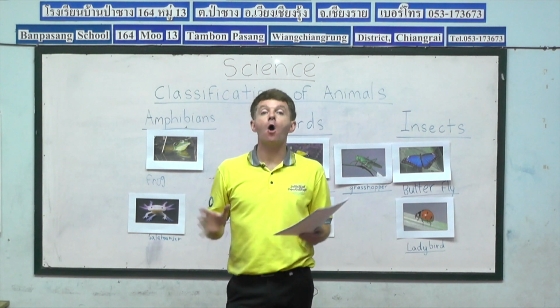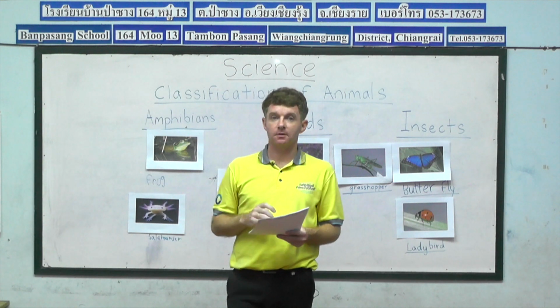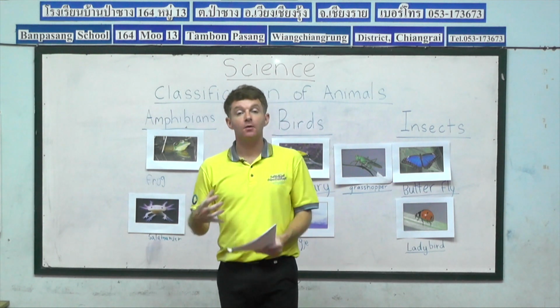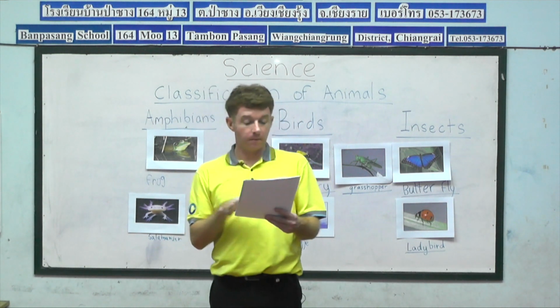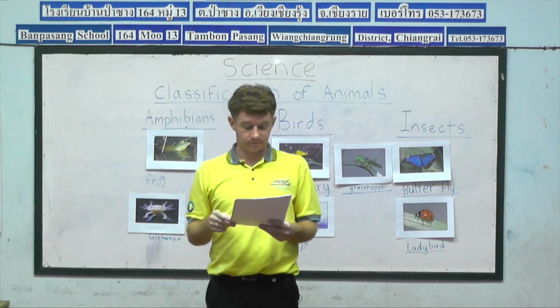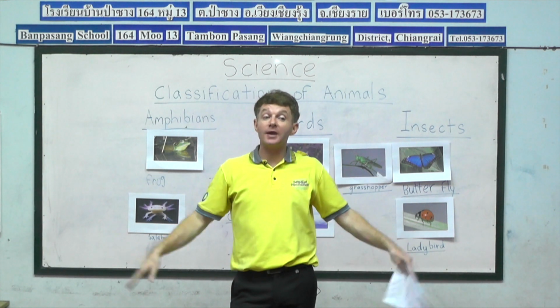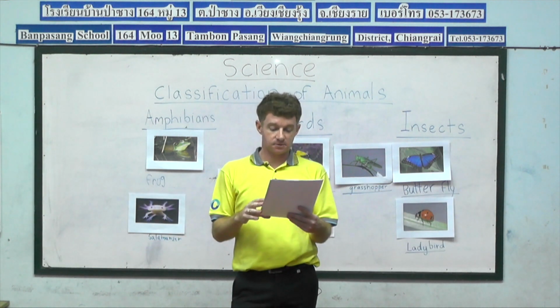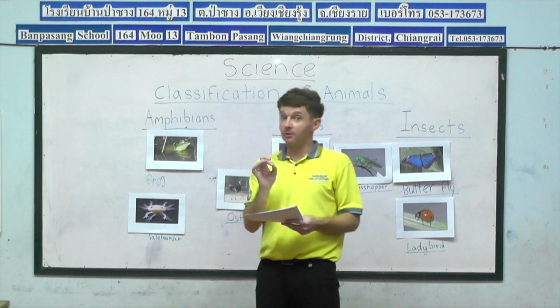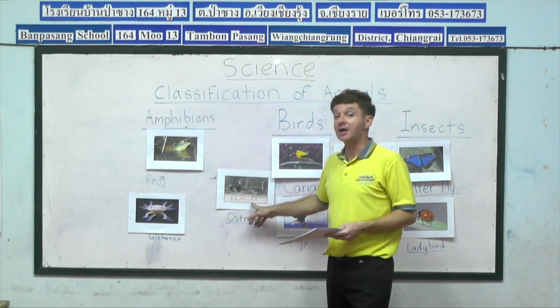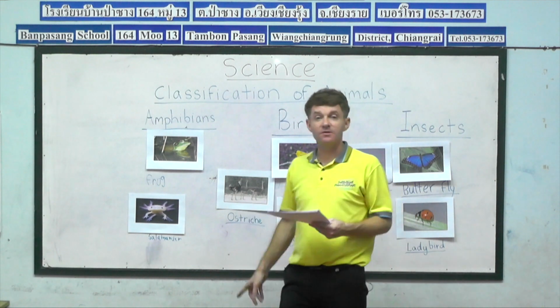Birds are warm-blooded animals that breathe with their lungs, same as we do. Birds have 2 legs, 1 beak, and a pair of wings. Yes. Most birds can fly, but some birds, like ostriches, cannot fly.